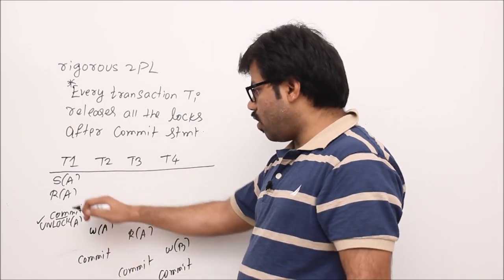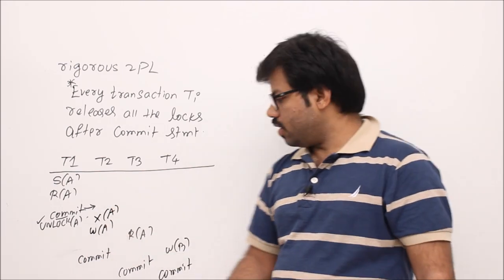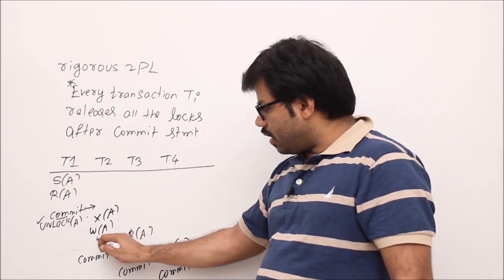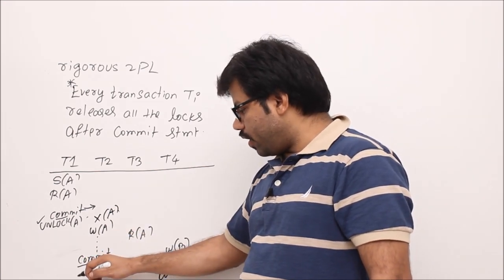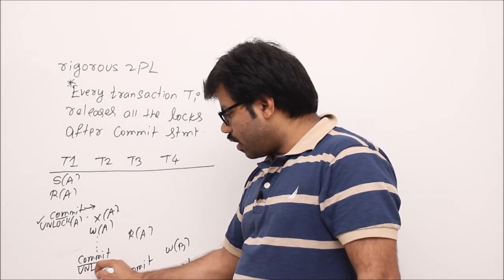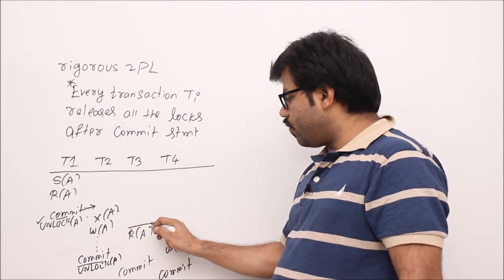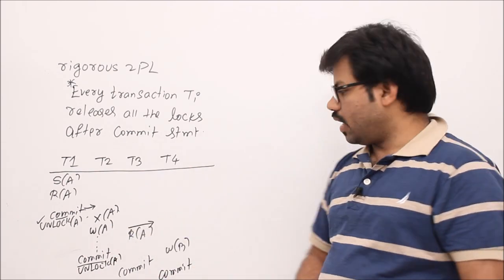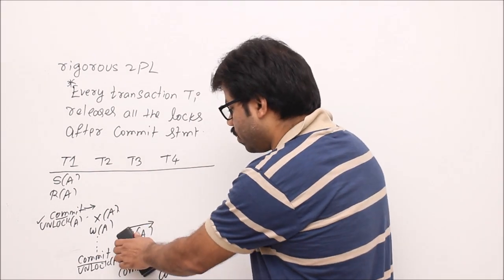Now since your lock is free, T2 can acquire exclusive lock on A, correct? But this lock can be released at the earliest only after commit. So here it will be unlock of A. But before that, here itself you need that operation, correct? So what I want to say is this operation will be moved a little bit.